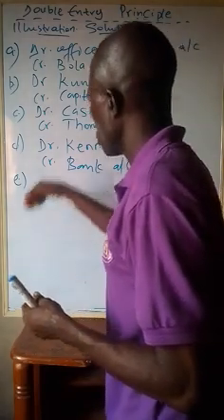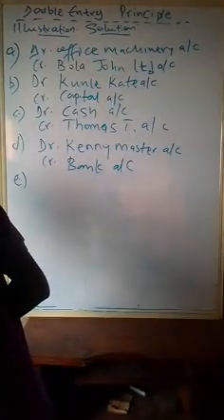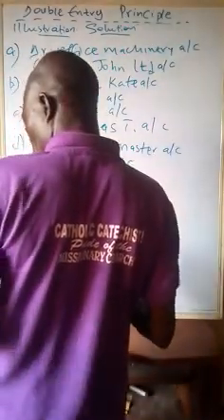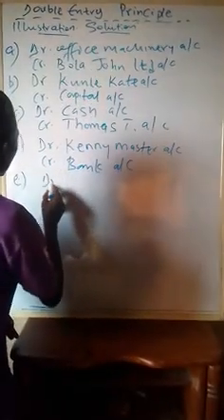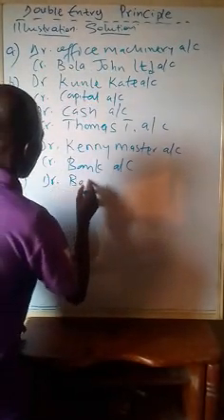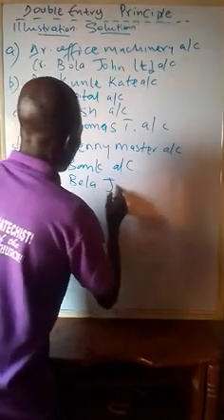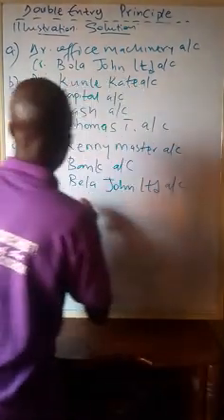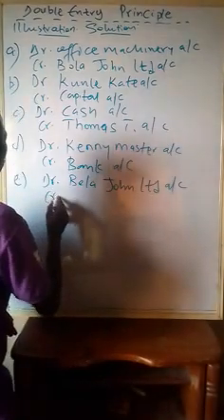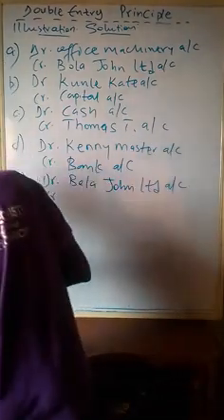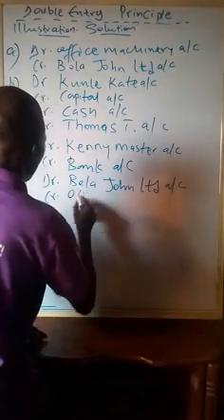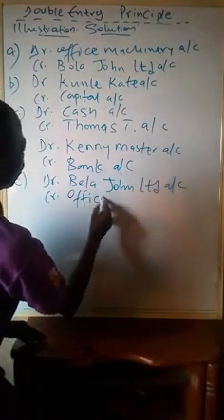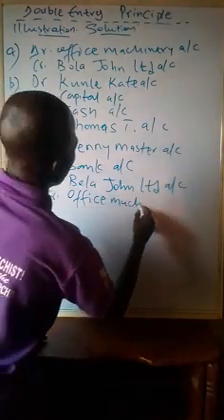So it will go to office machinery. Who received it? Debit Bola John Limited account. Who gave out? Credit office machinery account.